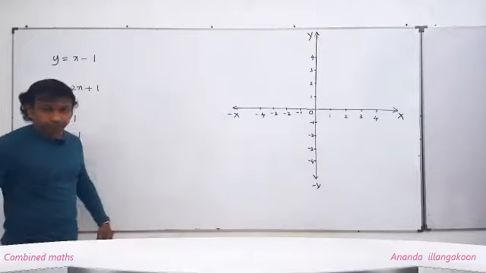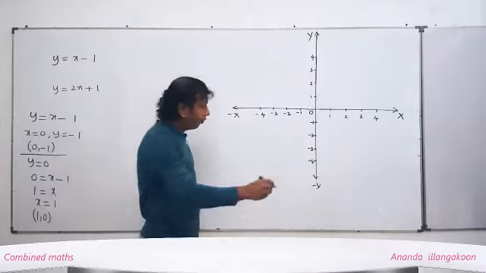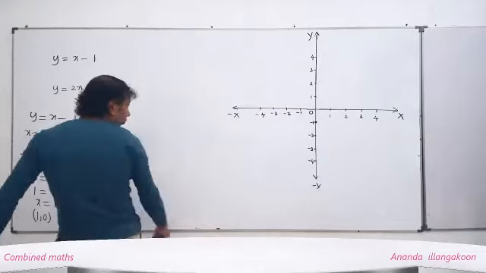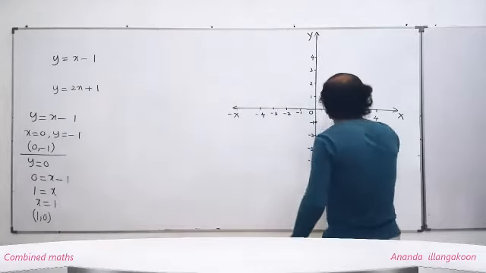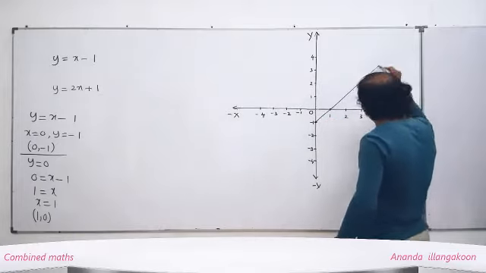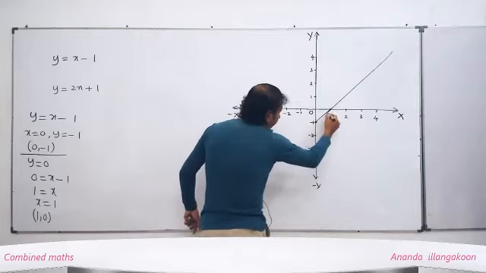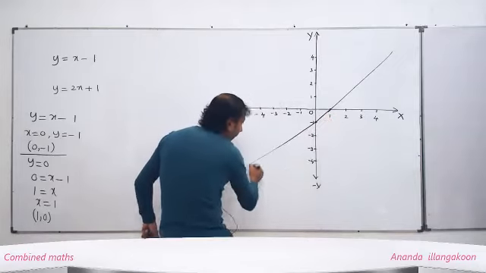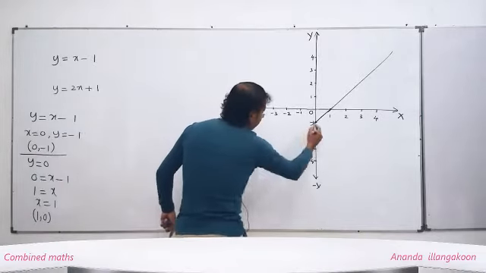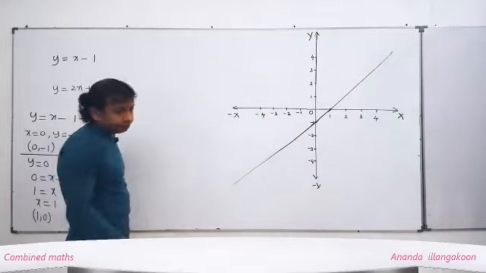X equals 0, y minus 1, people, is this point (0, -1). (1, 0) is this point. We join this and produce to both ends like this. This is the line required.